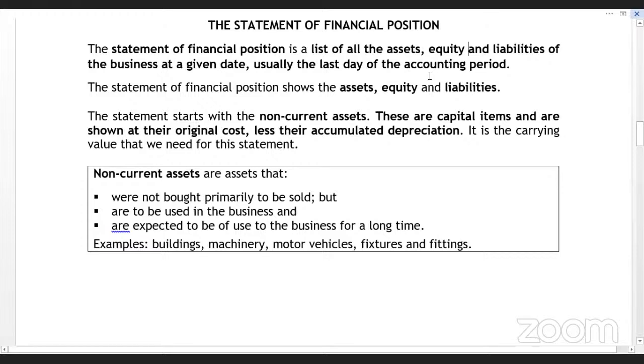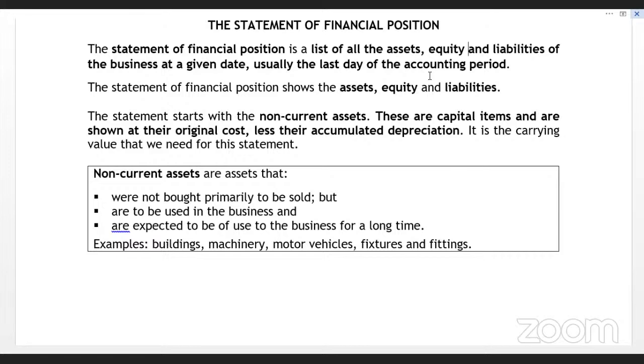That is the balance sheet or the statement of financial position.